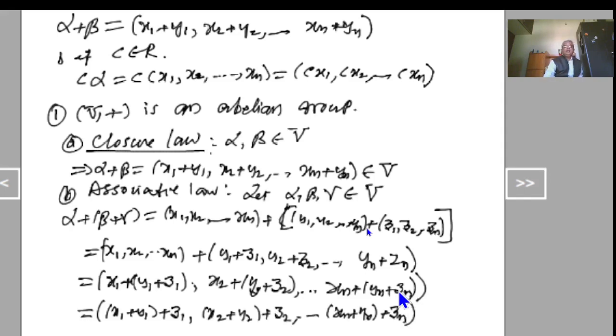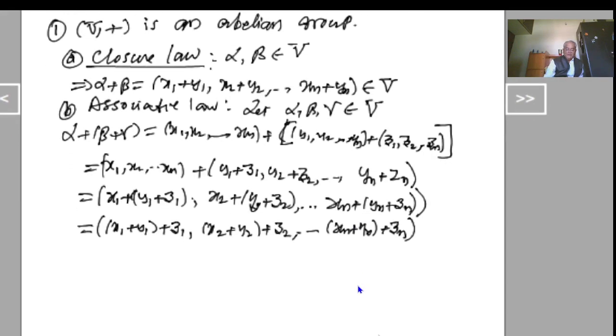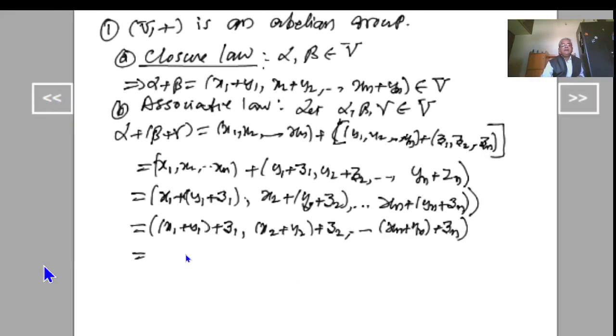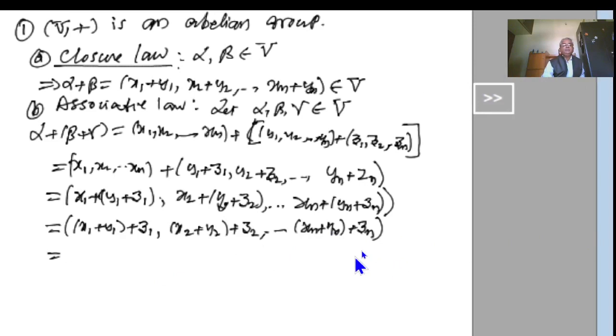And this is nothing but, see here, in each term, this is the first term of alpha, and this is the first term of beta, and this is the first term of gamma.